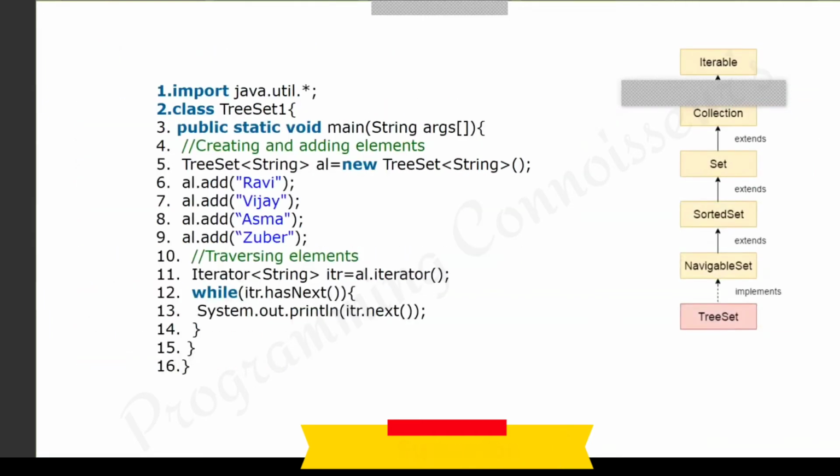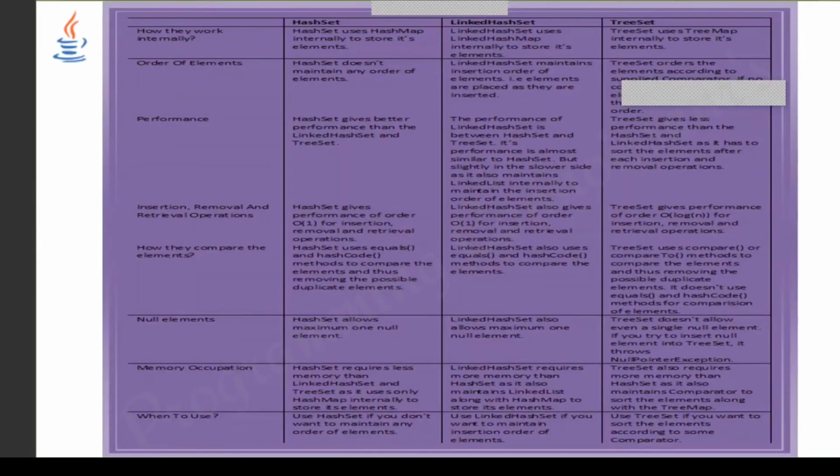Now let's see the differences between a linked hash set and a tree set. We know hash set contains unique elements but doesn't guarantee order. Rather than this slide, we can discuss on our own.